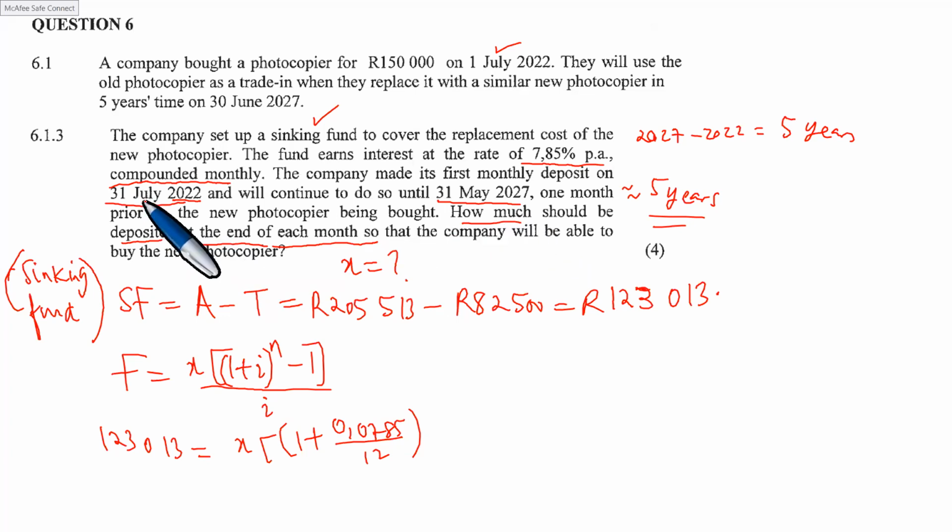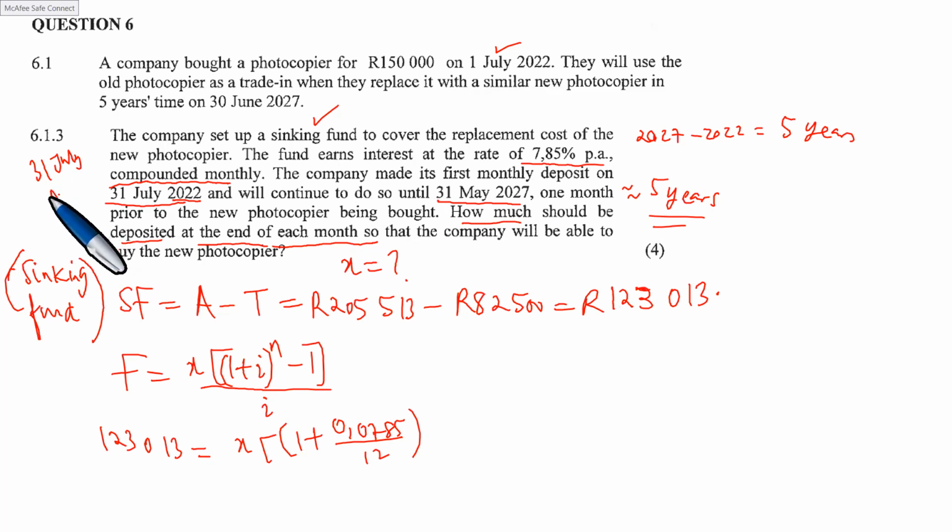Okay, from 31 July 2022, how many months were up to the end of the year? And also up to the 31 May, end of May, how many months into the end of this? But most importantly, how many payments here? So there's going to be a payment 31 July, and there's going to be a payment at the end of the next month.